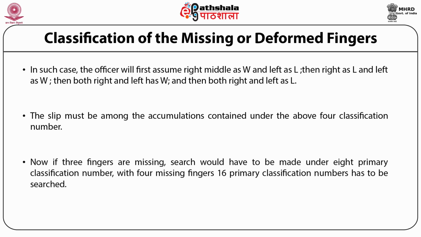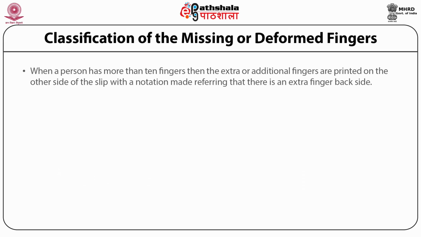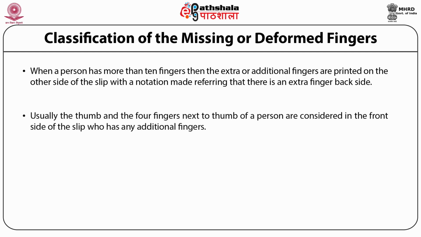Now, if 3 fingers are missing, the search would have to be made under 8 primary classification numbers, and with 4 missing, 16 primary classification numbers have to be searched. Thus, filing was done accordingly. When a person has more than 10 fingers, then the extra or additional fingers are printed on the other side of the slip with a notation made referring that there is an extra finger on the backside, usually the thumb, and the 4 fingers next to the thumb of a person are considered on the front side of the slip.